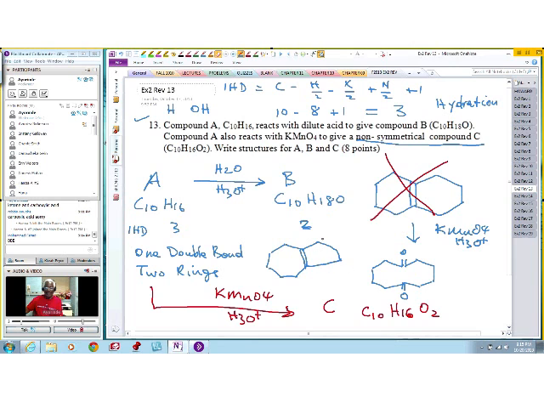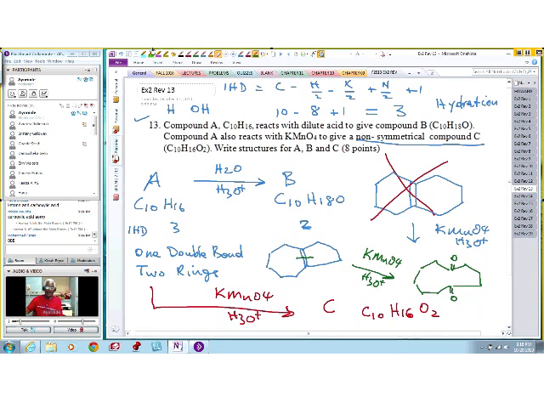The double bond is here. And when you cleave this with potassium permanganate, you cleave it right here, you get this: a ketone here and a ketone here.